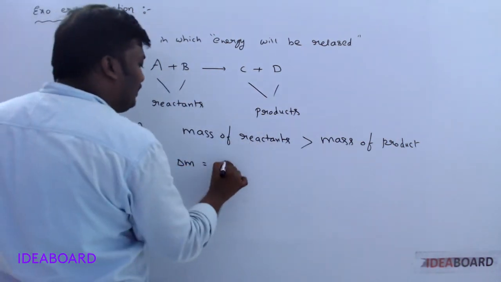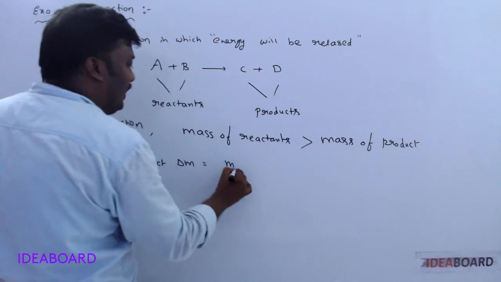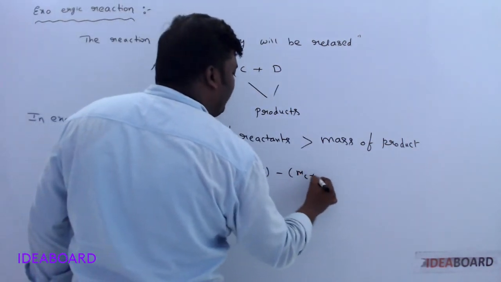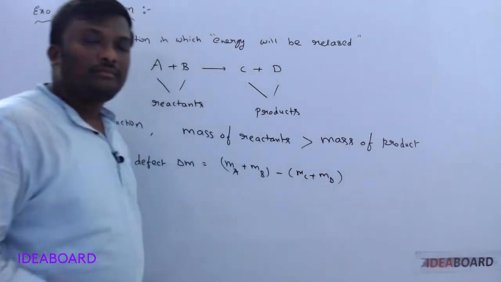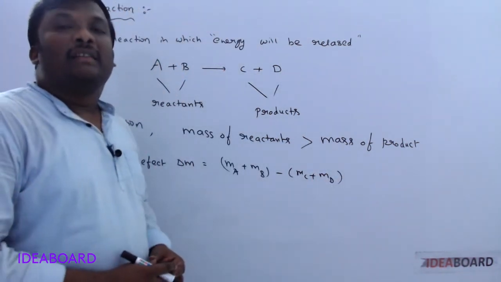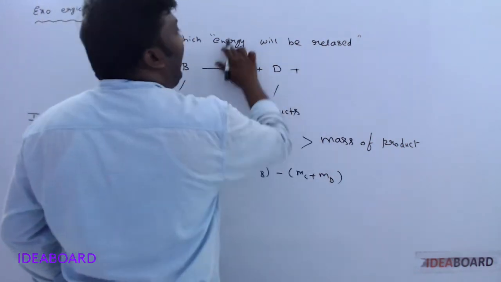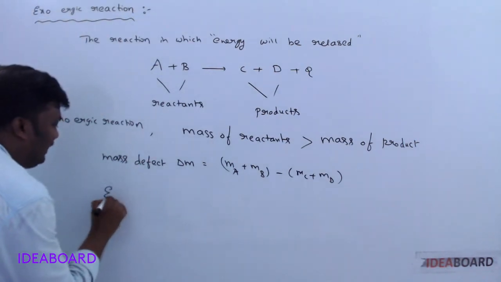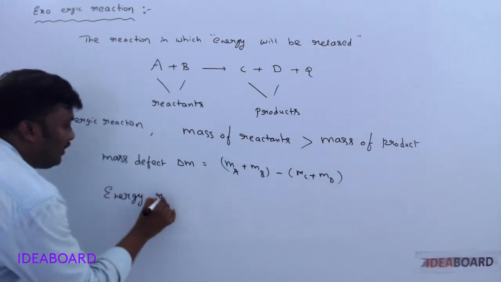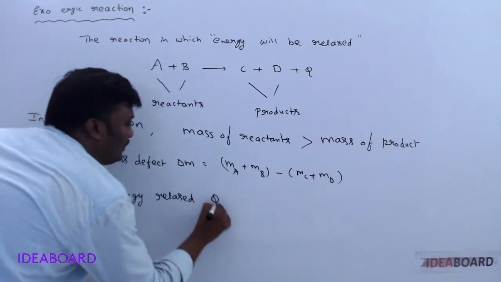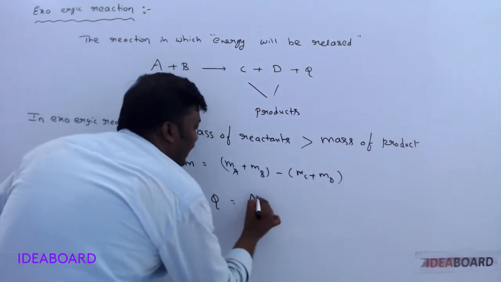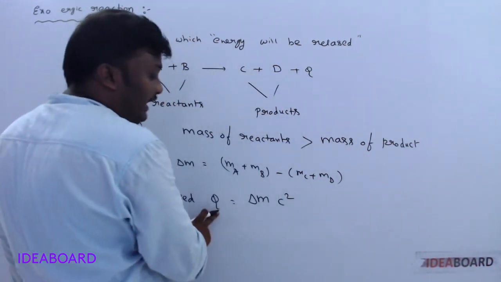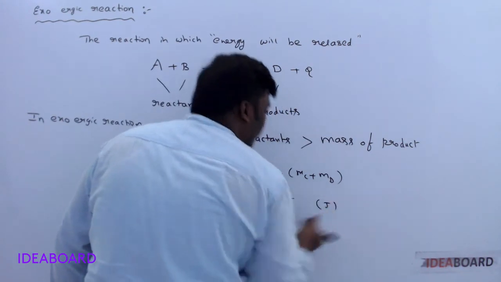Here the reactant side is more, that's why it is mass of A plus mass of B minus mass of C plus mass of D. This mass defect will be utilized as energy released in the process, so plus Q. Energy released Q is equal to delta M into C square, then heat in terms of joules.